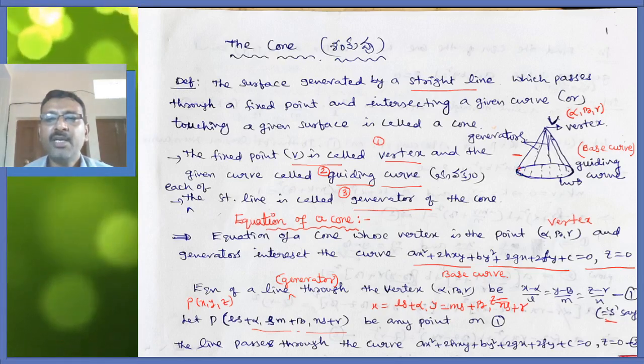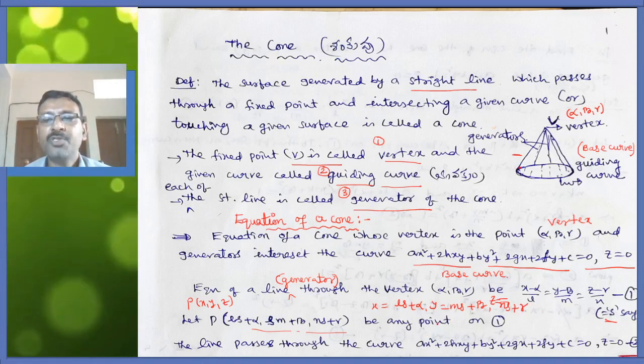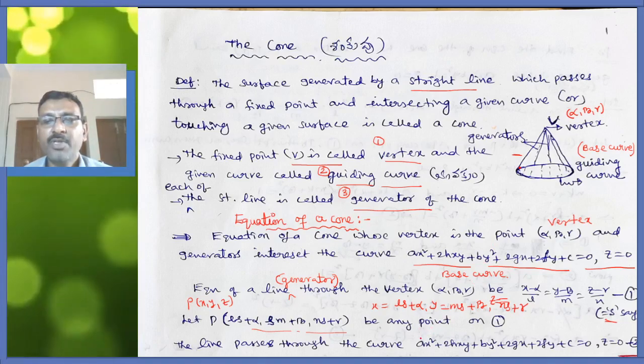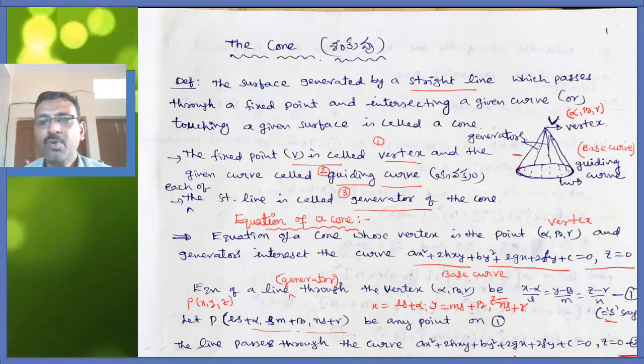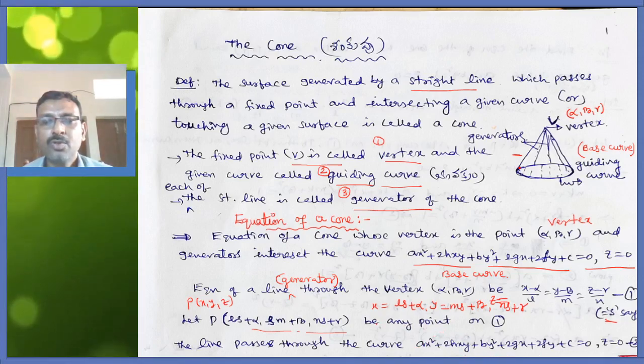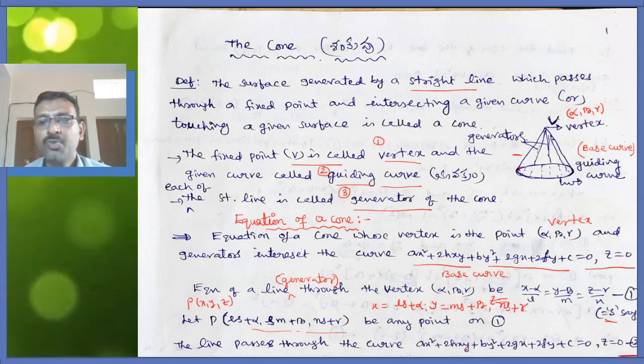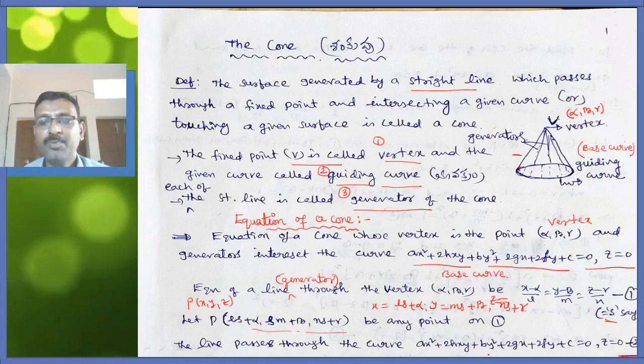If it is a point on the base curve, then it should satisfy the equation of the base curve. Here the base curve is given in the form of two equations. So the point P should satisfy these two equations: ax square plus 2hxy plus by square plus 2gx plus 2fy plus c equal to 0 and z equal to 0.